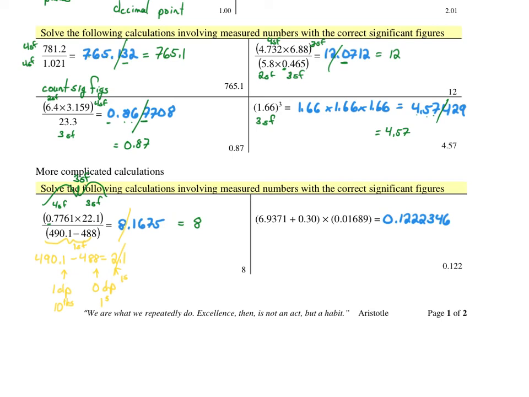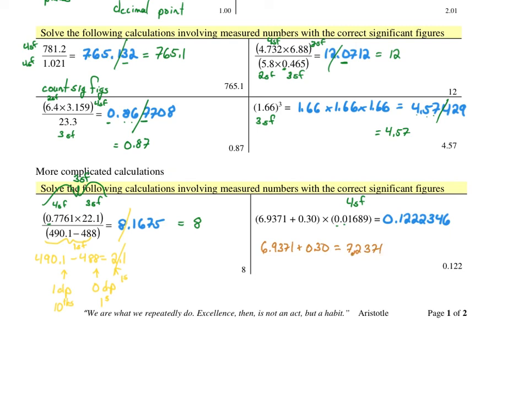Okay, if we look at this last problem, the second number has 4 sig figs, because we know these first 2 zeros do not count as significant. This number with 4 sig figs is multiplied by this result. So we need to determine how many sig figs are correctly justified in this result. So if we do this addition, we get a calculator answer of just this addition part of 7.2371.